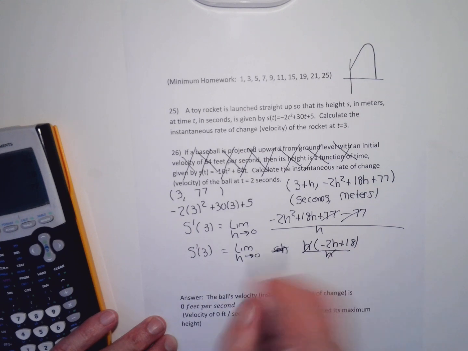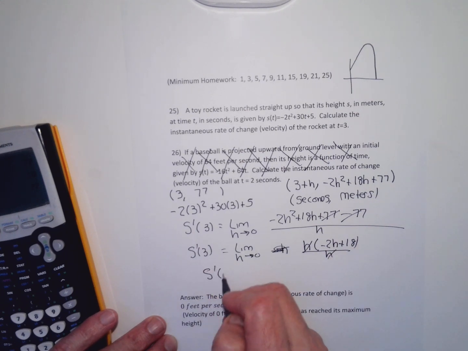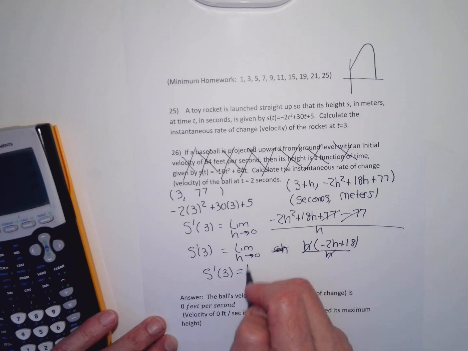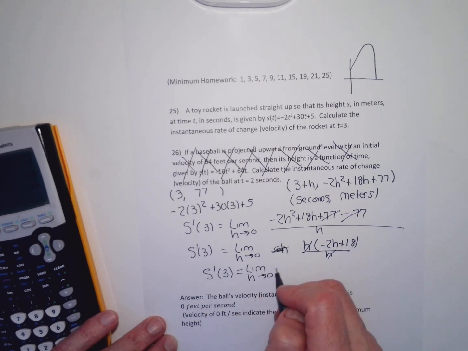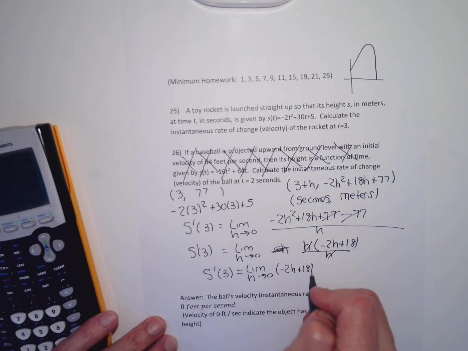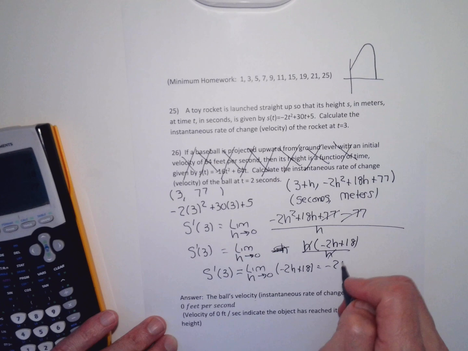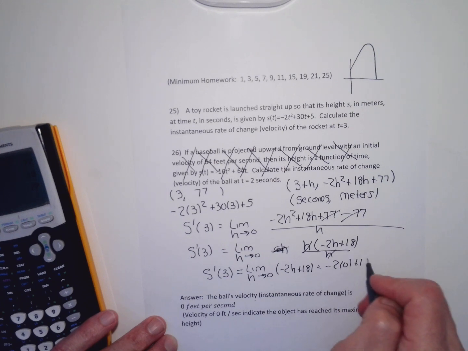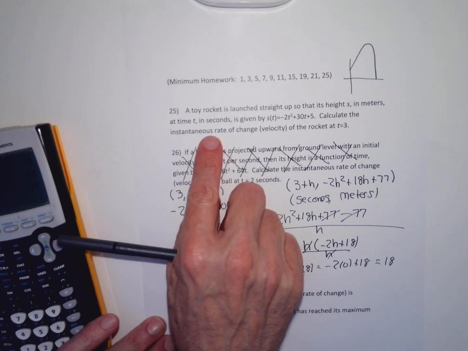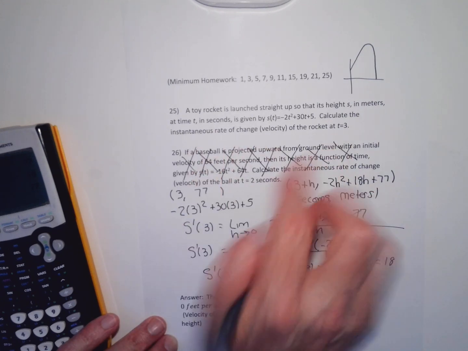Cancel the h's, and I get the instantaneous rate of change at 3 seconds is the limit as h approaches 0 of negative 2h plus 18, which is negative 2 times 0 plus 18. The answer is 18.